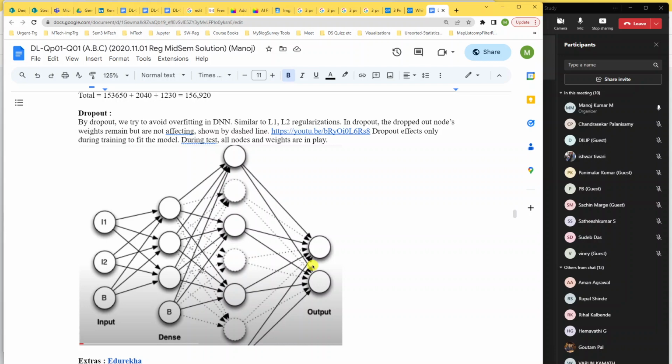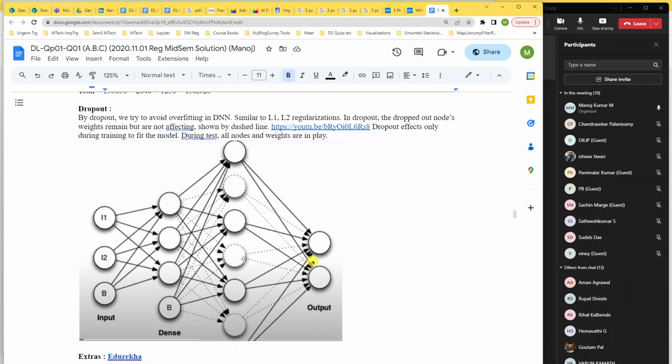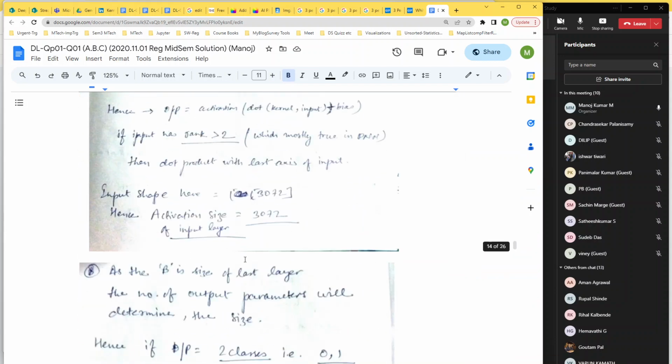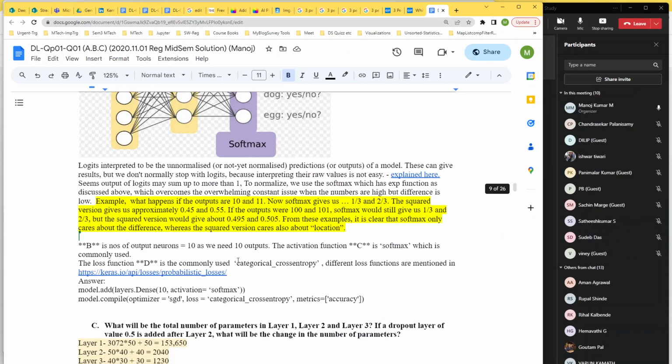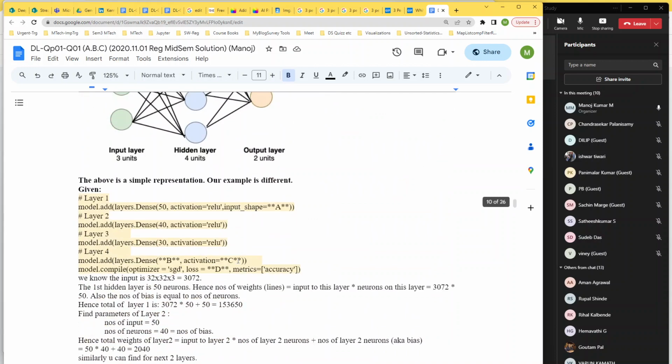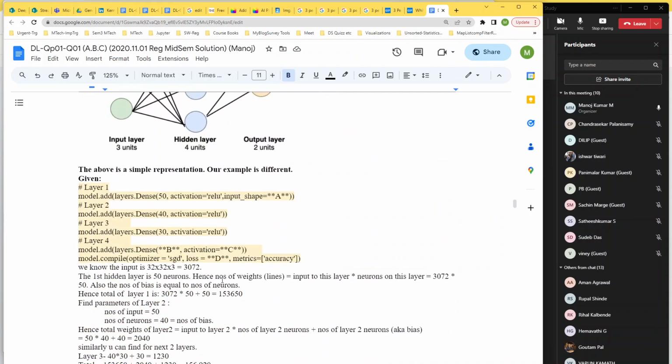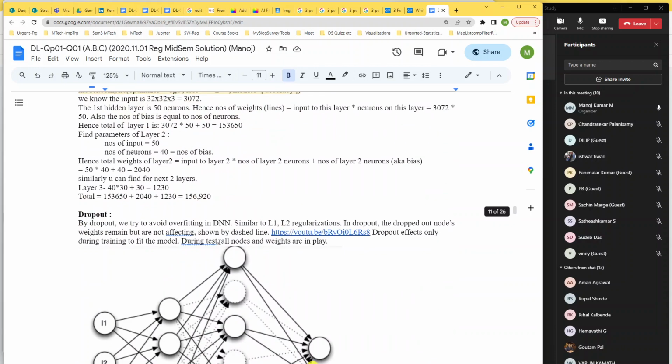In the DNN we have multiple layers that become complicated, and the system learns so well that overfitting happens, right?